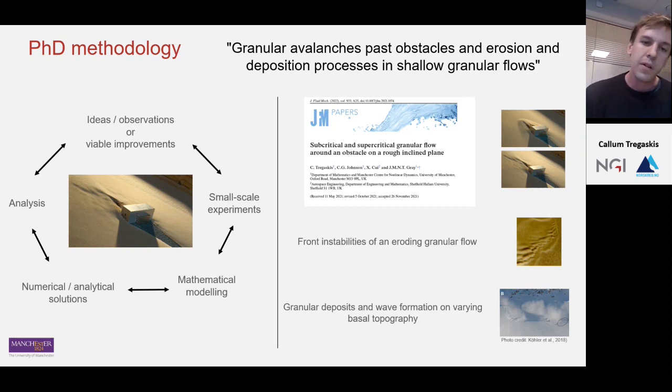And then we looked at the front instabilities of an eroding granular flow, and what we see is instabilities that are generated locally just at the front of an avalanche. And then the last topic I looked at was granular deposits and wave formation on varying basal topography, which was looking at how the interaction of static and moving material changes based on the varying topography on a mountainside.